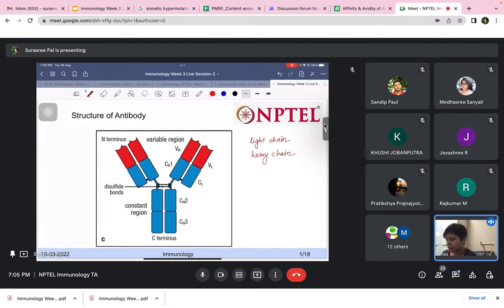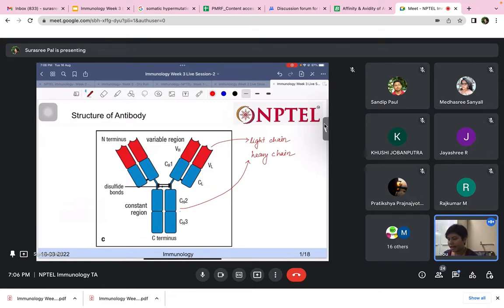This is the light chain, and this one is the heavy chain. So in a typical antibody, how many light chains and how many heavy chains are there? There are 2 light chains and 2 heavy chains, right?